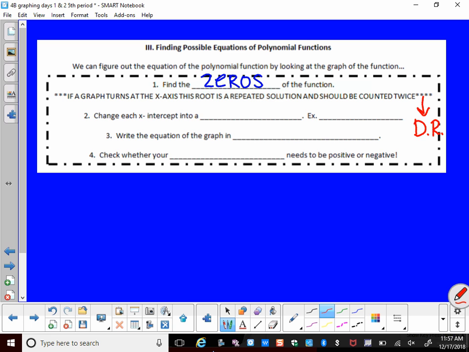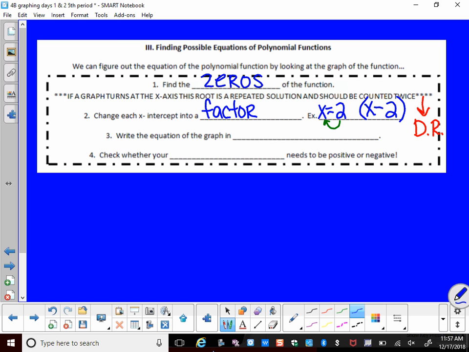It looks like it's just one solution, but it's two. All right, step 2 says change each x-intercept into a factor. That means if I have x equals +2, and I want to change it into a factor, that essentially means I'm moving this from one side to the other. So that means that I will have x minus 2.